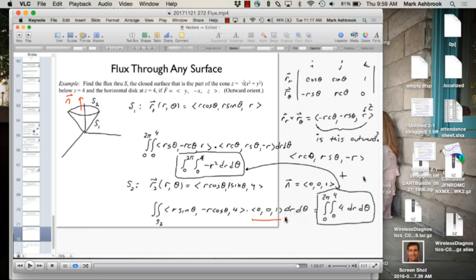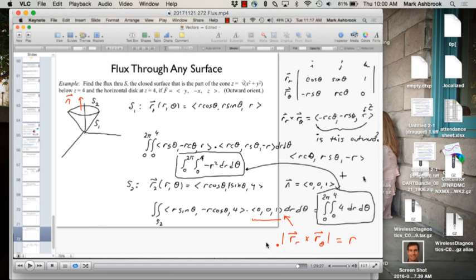And dS has in there the magnitude of r cross r theta. So then if we're going to use this F dot n form, we also need the magnitude of r cross r theta, which is not 1. If you do that cross product and take the magnitude, you get r.